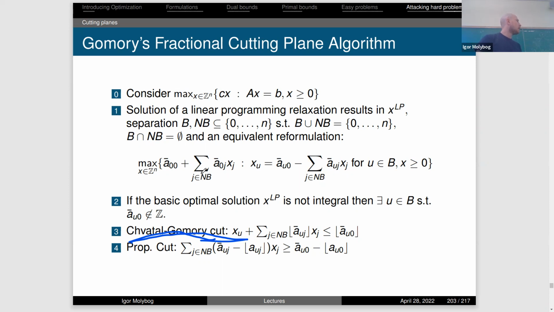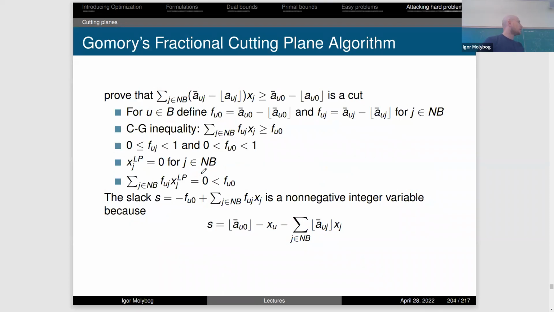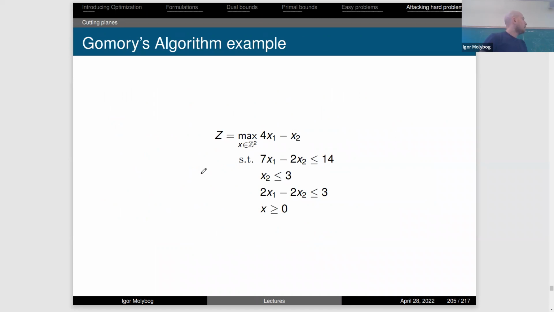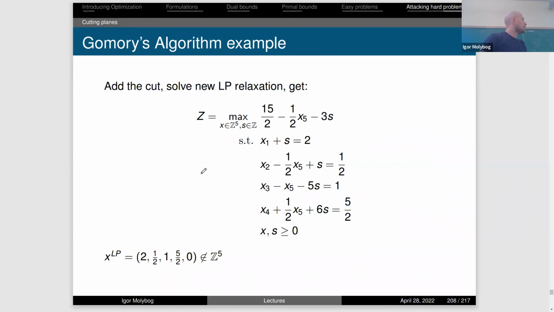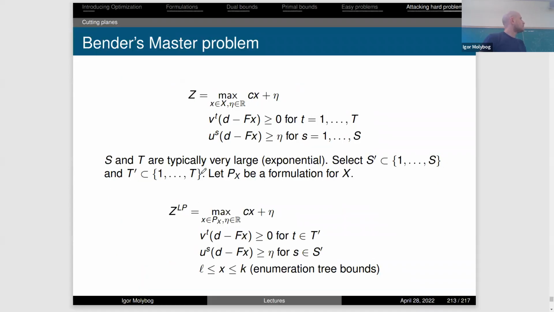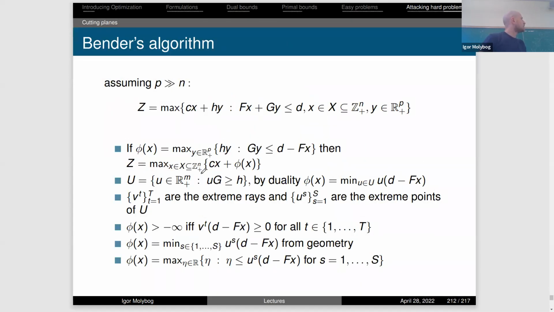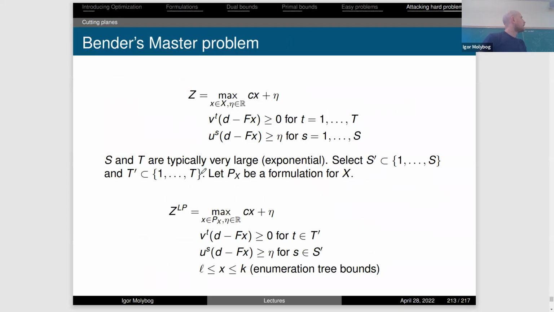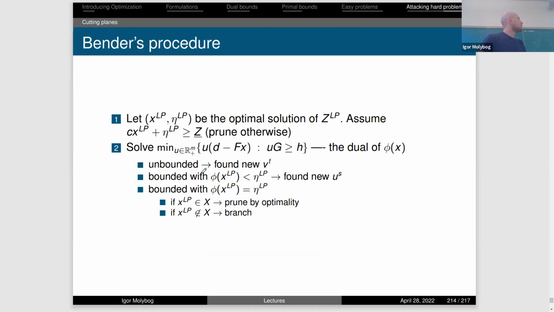The convergence of this algorithm requires a little bit of effort, but at least we can prove that we will always be able to make a step of this algorithm. Then we have seen an example of the Gomory algorithm.